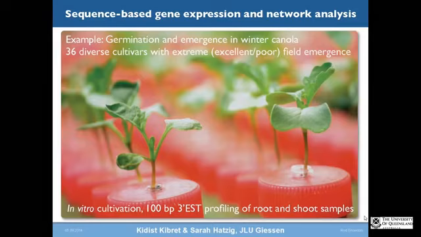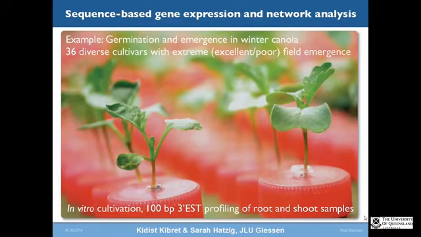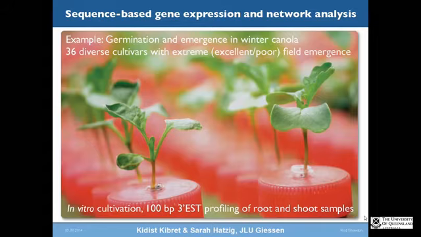So in this case, it's an in vitro cultivation, so basically a hydroponic cultivation, where we grow the plants for about 3 or 4 weeks, and then we can sample root and shoot tissues, and it's extremely clean material for transcriptomic and metabolomic analysis.